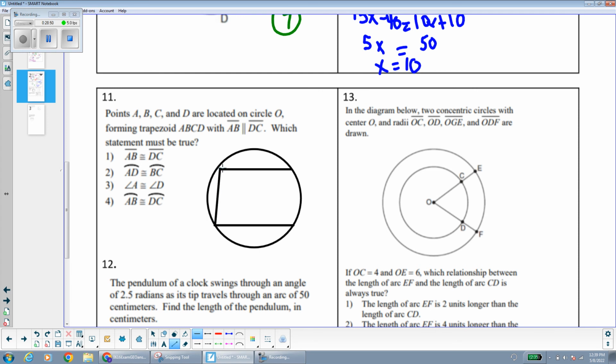Oops, let me try to do that a little bit better. It's because I didn't fully make this line segment here. So here we go. That will be AB.